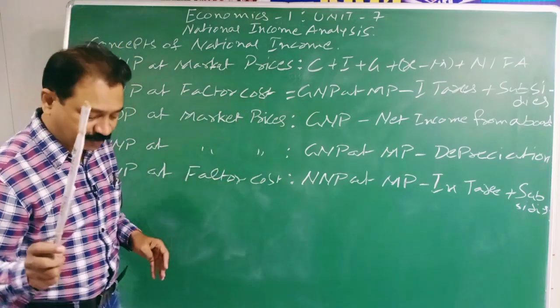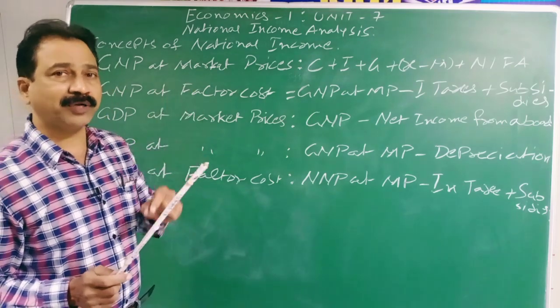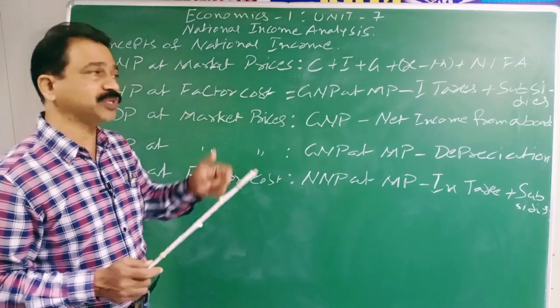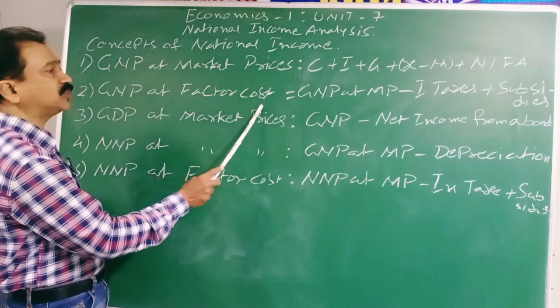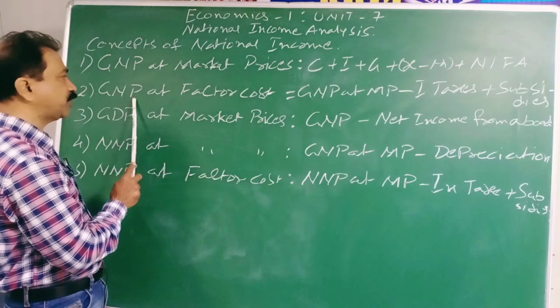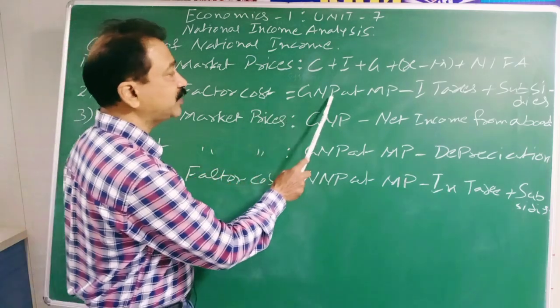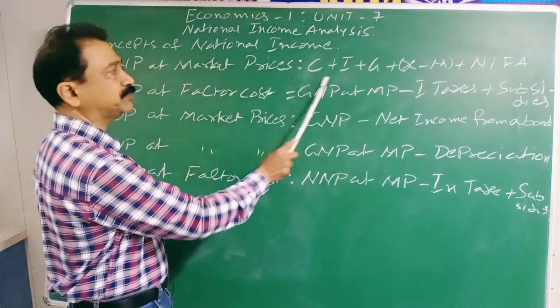And you know the difference between price and cost. Price means what is paid by the consumer. Cost means what is spent by the producer. So, gross national product at factor cost equals GNP at market price. This is a basic one.